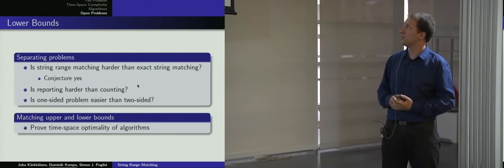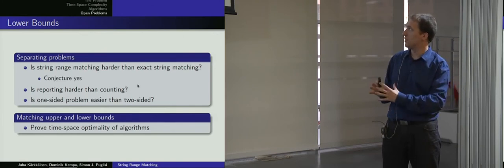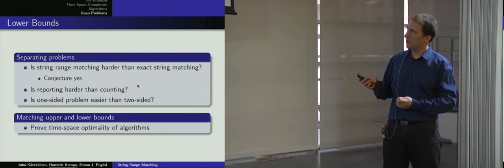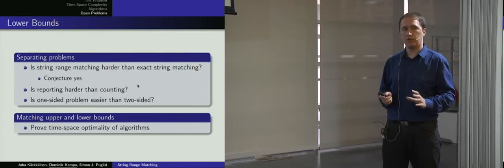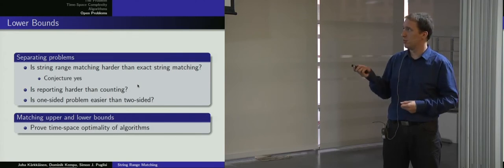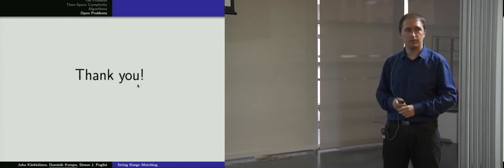Other interesting questions are: is reporting harder than counting, or is the one-sided problem easier than two-sided? We don't know the answers to these questions yet. And finally, if we cannot improve the algorithms, perhaps it would be interesting to provide lower bounds, to prove that these algorithms are optimal. And that is all I have. Thank you.